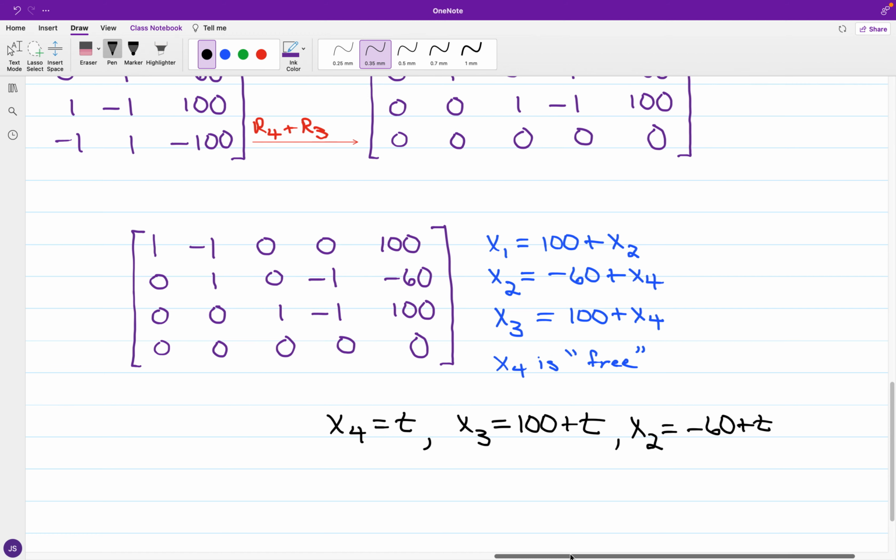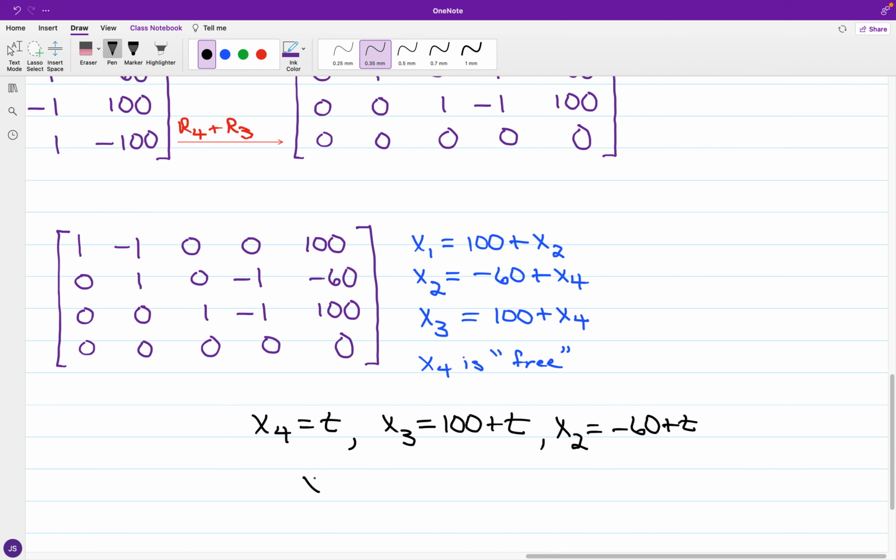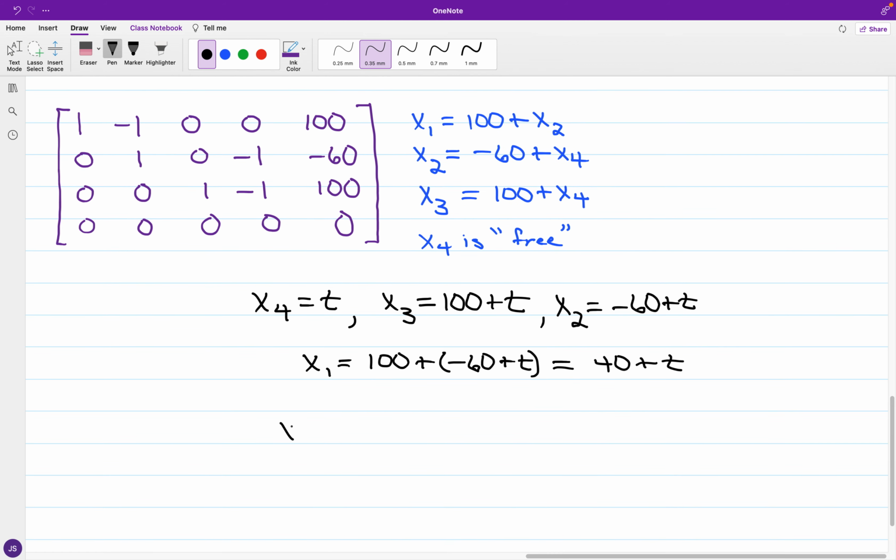And in the case of x1, again we have 100 plus x2, and x2 we have at negative 60 plus t. Once you combine the constants, x1 equals 40 plus t.